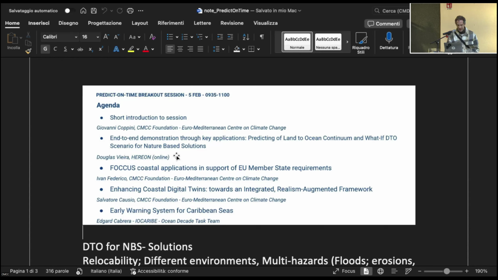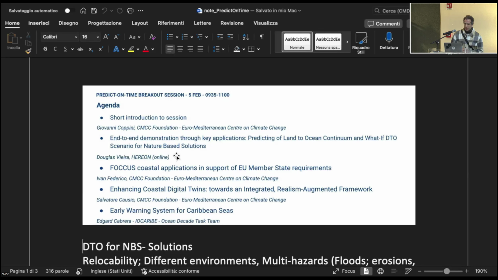We had an illustration of the progress on the Focus project, with the development of what-if scenarios to evaluate the impact of a nature-based solution for the reduction of coastal hazard.